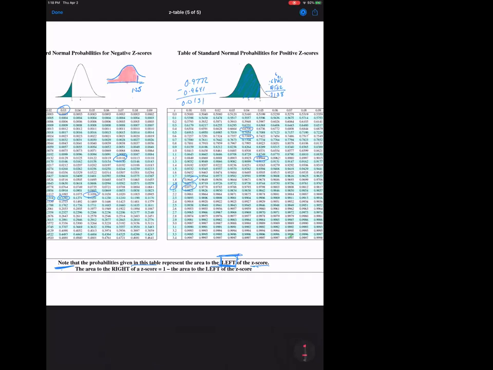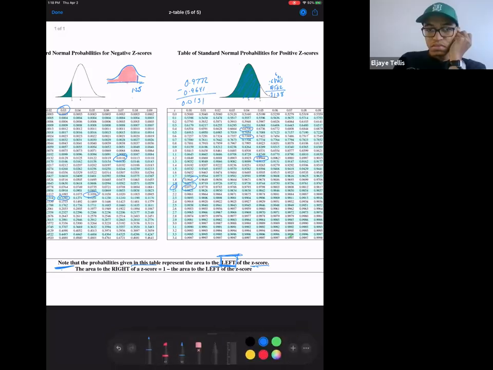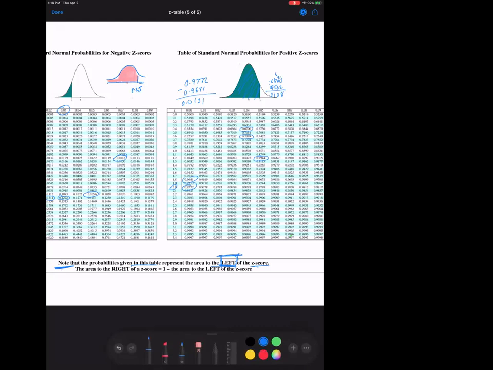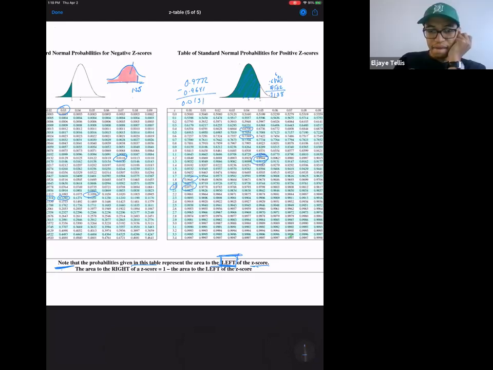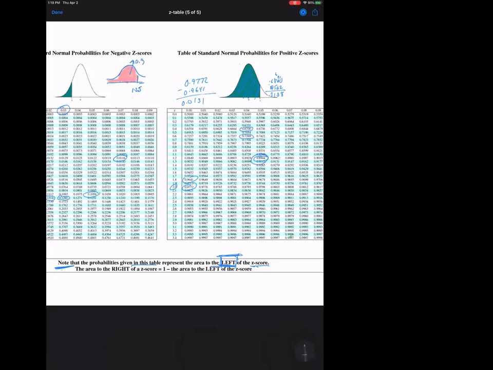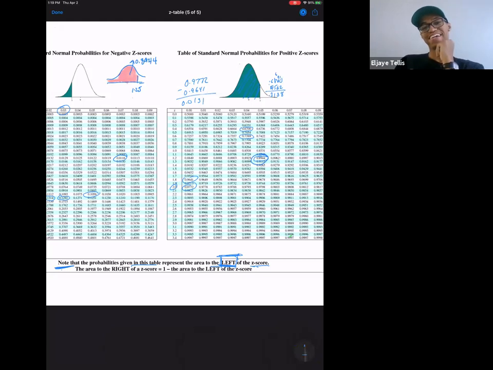Okay? And so if I look up 1.25, it'll give me the wrong area. So if I look up 1.25, 1.25 is right here, it's 0.8944. See right here? Yeah. That means that this area is 0.8944. But is that the region that the question had shaded? No, it's the other side.